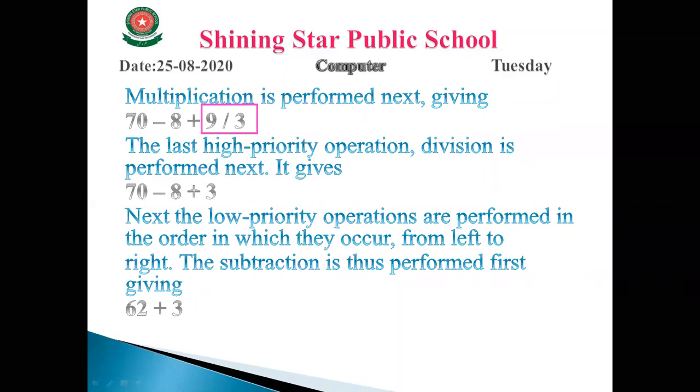Now the next priority is plus and minus. Both have the same priority, but the leftmost operator is minus, so first we do the subtraction and get 62.